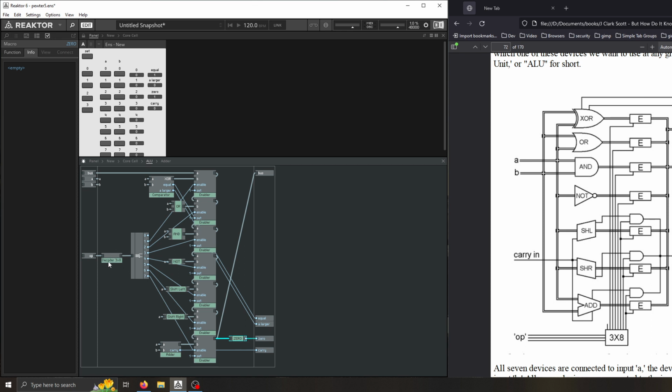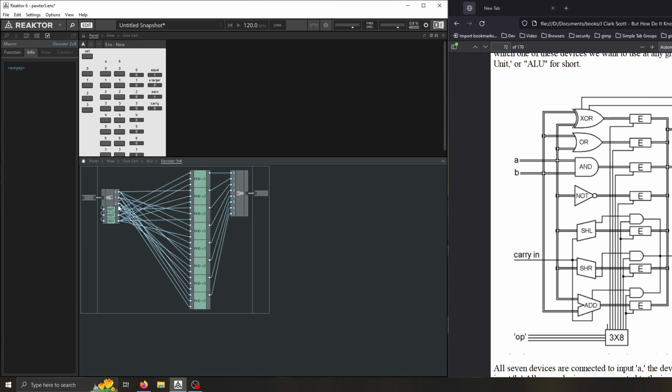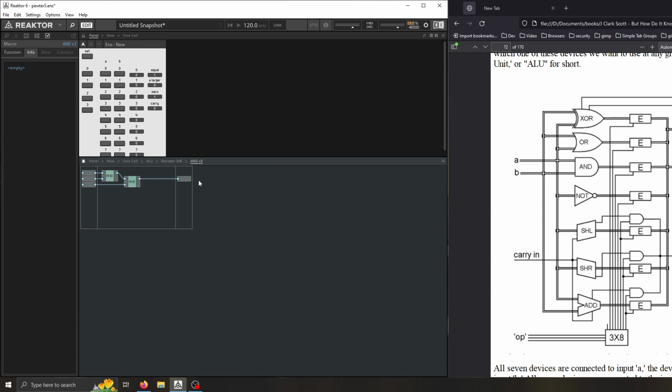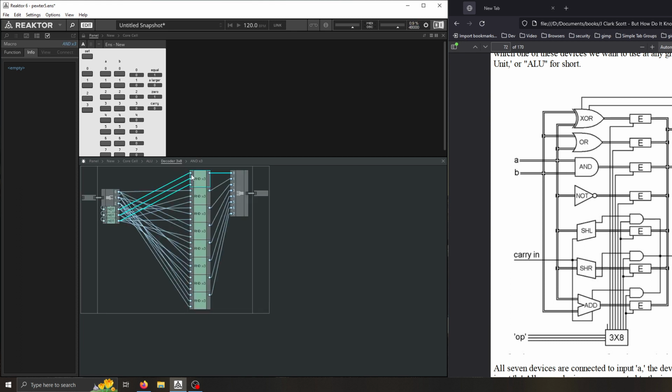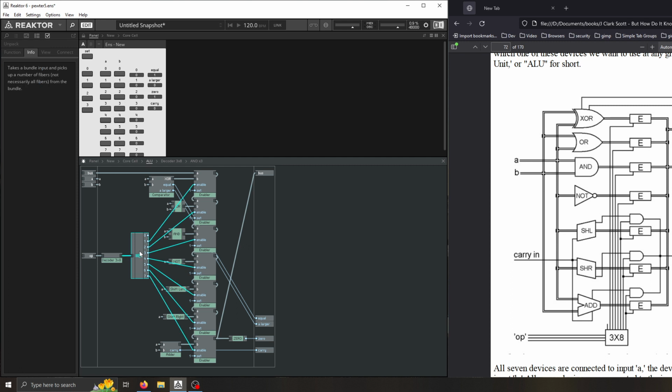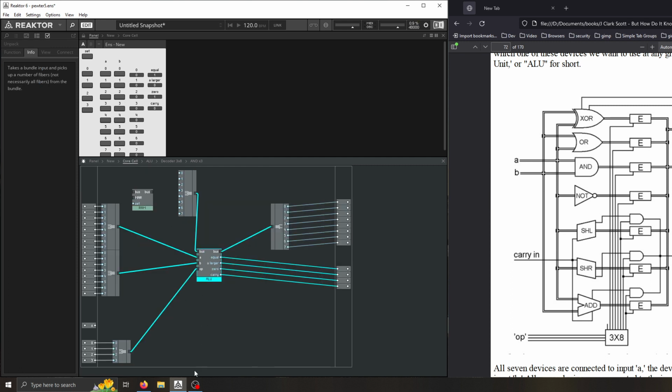I don't know if I showed the decoder, but it's not too hard to understand. It's a little bit of a mess. So this is 3 ANDs or 2 ANDs chained together. And then we just determine if the bits are on or off to determine what number we're on, and then it's going to get output. So yeah, that's the ALU.